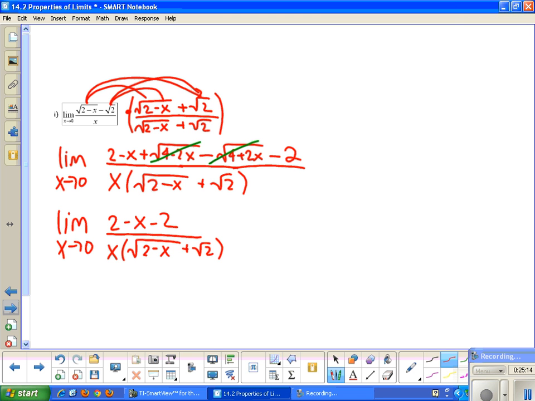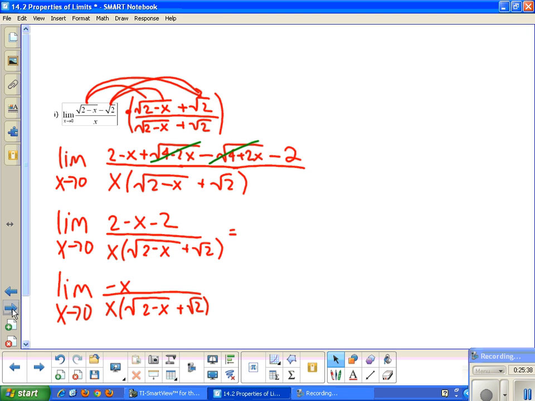And then I can simplify the numerator even further by taking away that 2 minus 2, which becomes equal to 0. So I just have the limit as x approaches 0 for the function of negative x over x times root 2 minus x plus root 2.